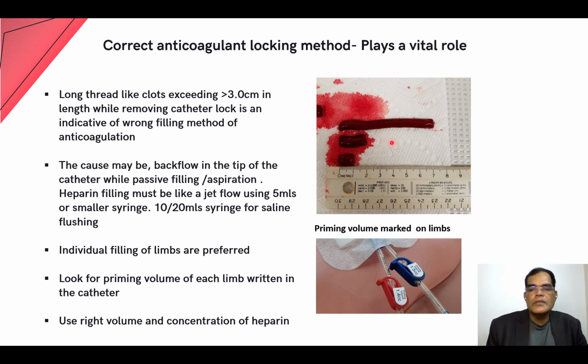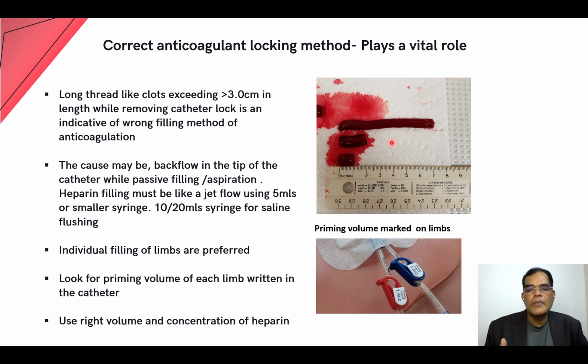It may be because when you flush heparin, we are using a passive method, meaning we are using bigger syringes, especially 20 ml syringes, and you are taking 2 ml of heparin. You cannot exert great pressure when you push the heparin. So this needs to be pushed with great pressure so that there won't be any backflow.